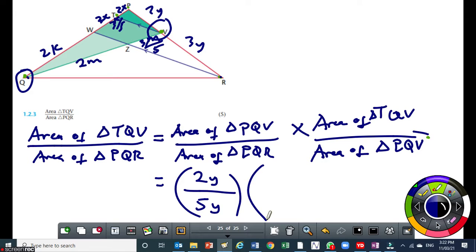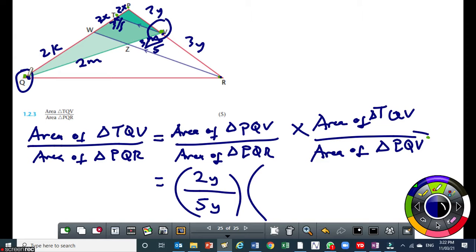So the area of TQV, remember, can you do me a favor and look here? TQV, okay? And then we also have PQV. They share a common vertex. Which one is the vertex that they share, which we can consider? It will be this one here, not that one, because we want them to have a common height.